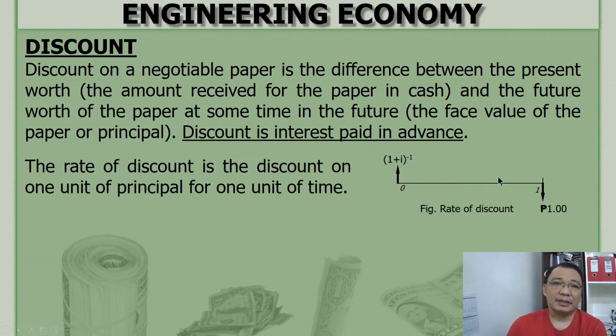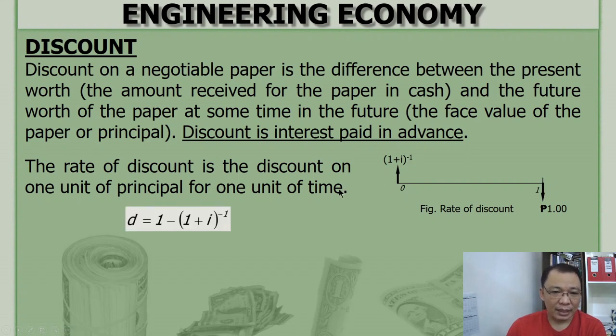That is from compound interest. Given F, if you want to solve for P, P is equal to F times 1 plus i raised to negative n. But you only have one period, so the exponent is negative 1.